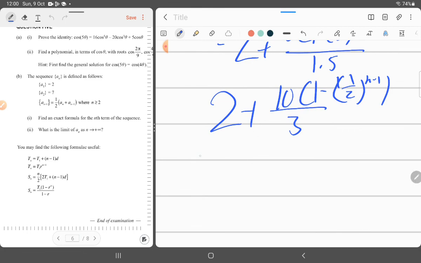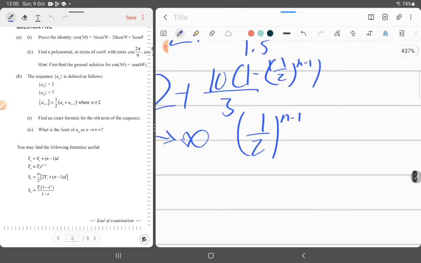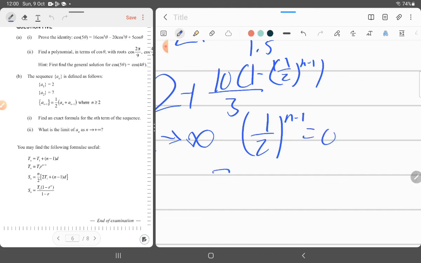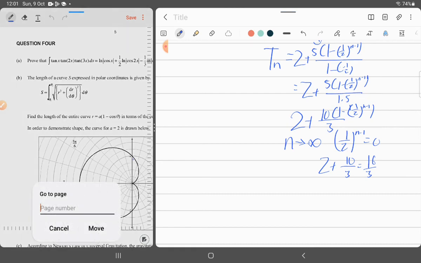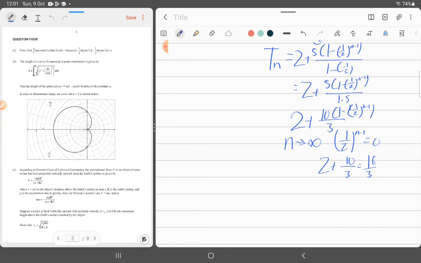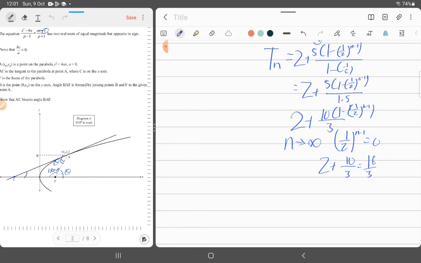As n approaches infinity, negative half to the power of n just converges to 0, so it turns into 2 plus 10 over 3, which is equal to 16 over 3. That is the 2017 speedrun done. I believe, not speedrun, walkthrough. Yeah, I'm just triple checking if I missed any questions. No, I have not. Okay, thank you for watching.